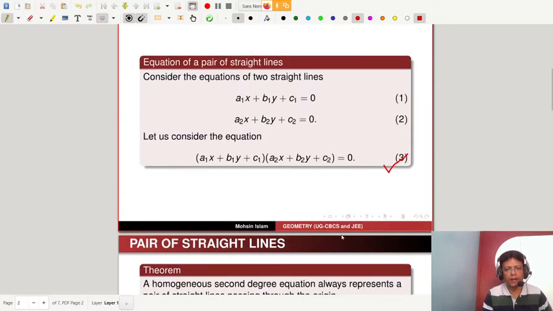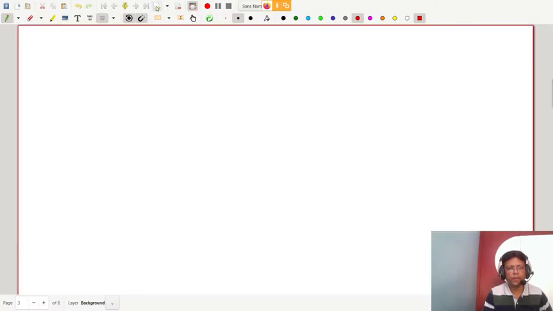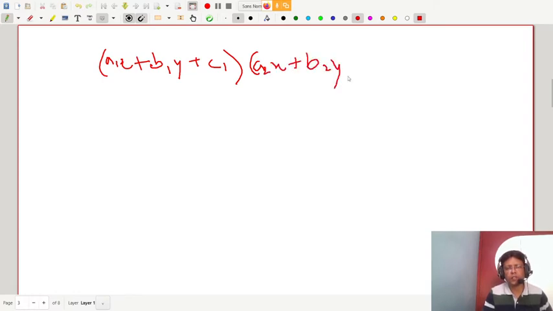So let me expand this equation. Let me write in a different platform. Your first equation is a1x plus b1y plus c1 times a2x plus b2y plus c2 equal to 0.